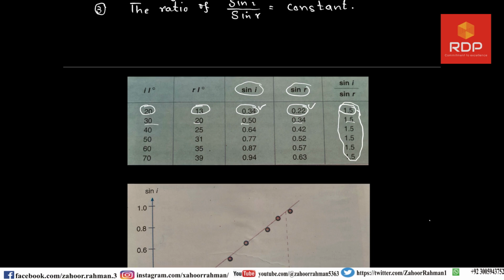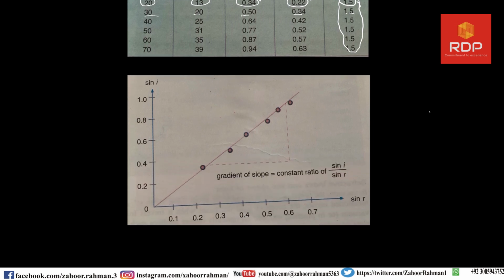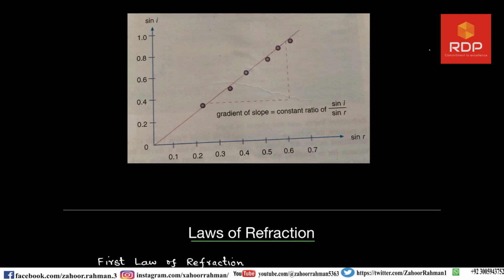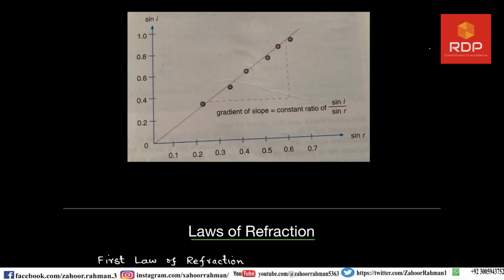Similarly, if we plot these values in the form of a graph, the best fit line will show you that this is a straight line. So it means it is constant.